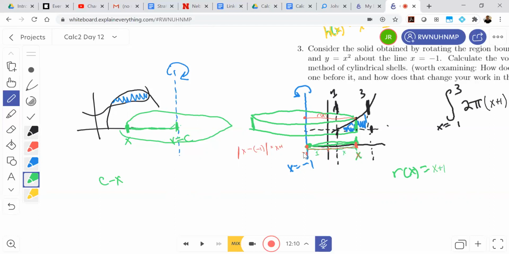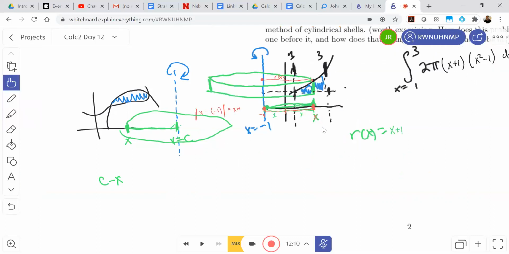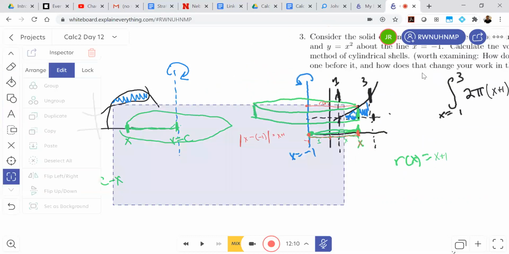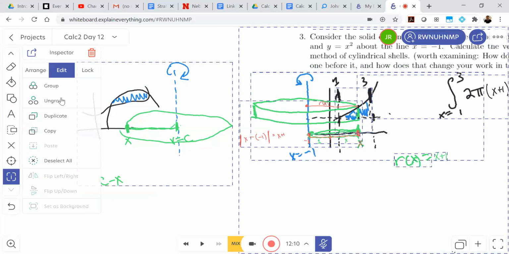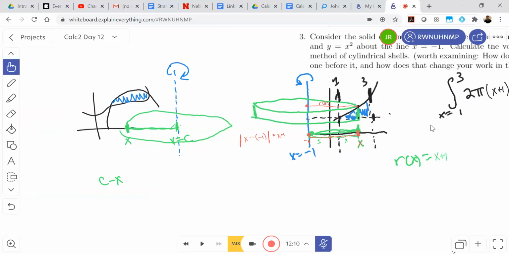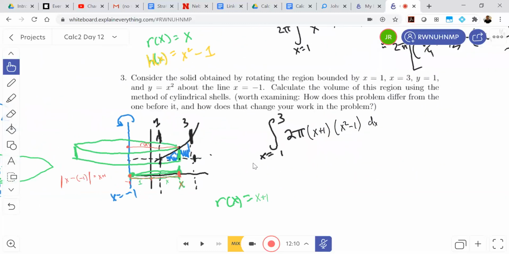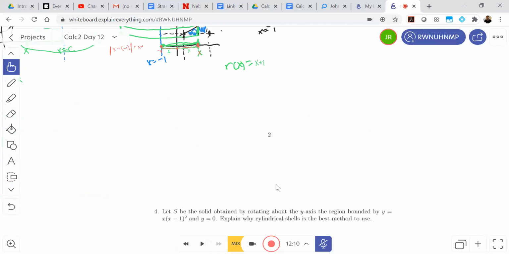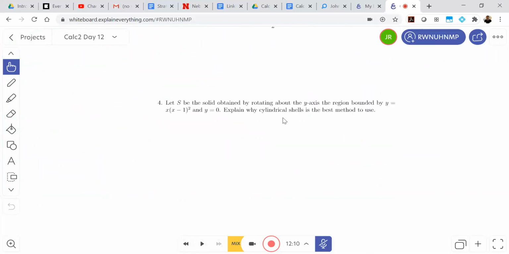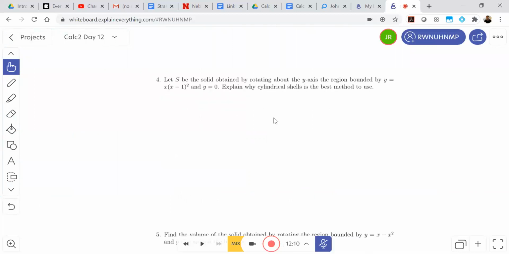So I want to talk about at least one more of these problems. I don't know if I care which one, but I also want to have this conversation about the disk versus the washer method. Let's pivot to problem 4 to talk about this. Problem 4 gives us a new region to consider and a new integral to set up.